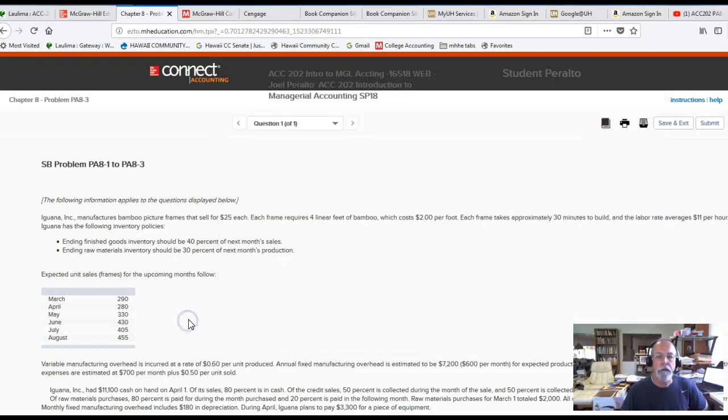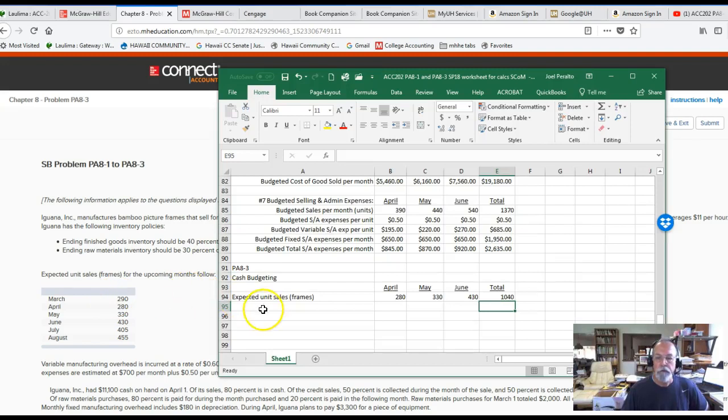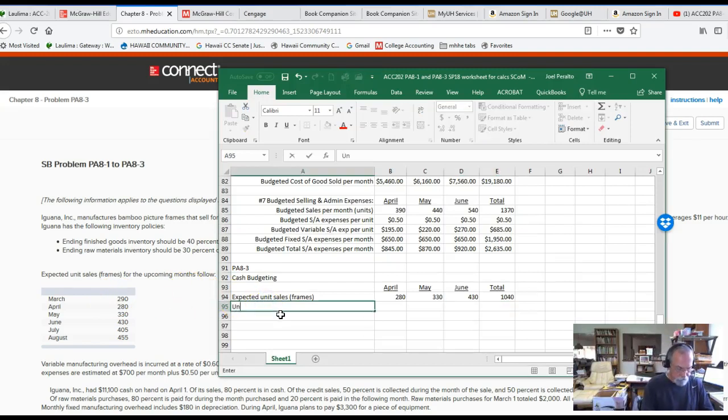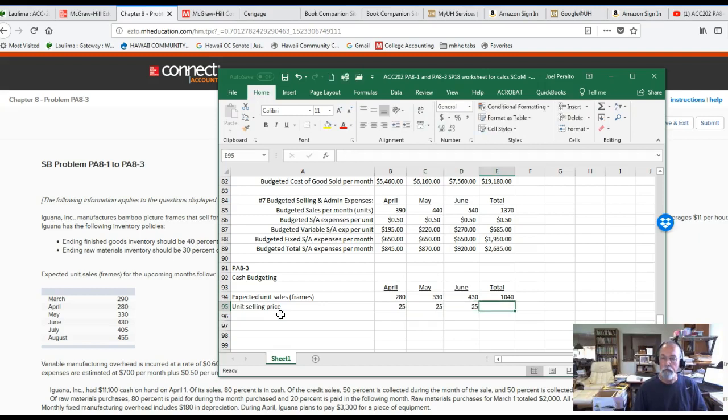And then our selling price in this problem is $25. So we have a unit selling price of $25. So we have budgeted sales.